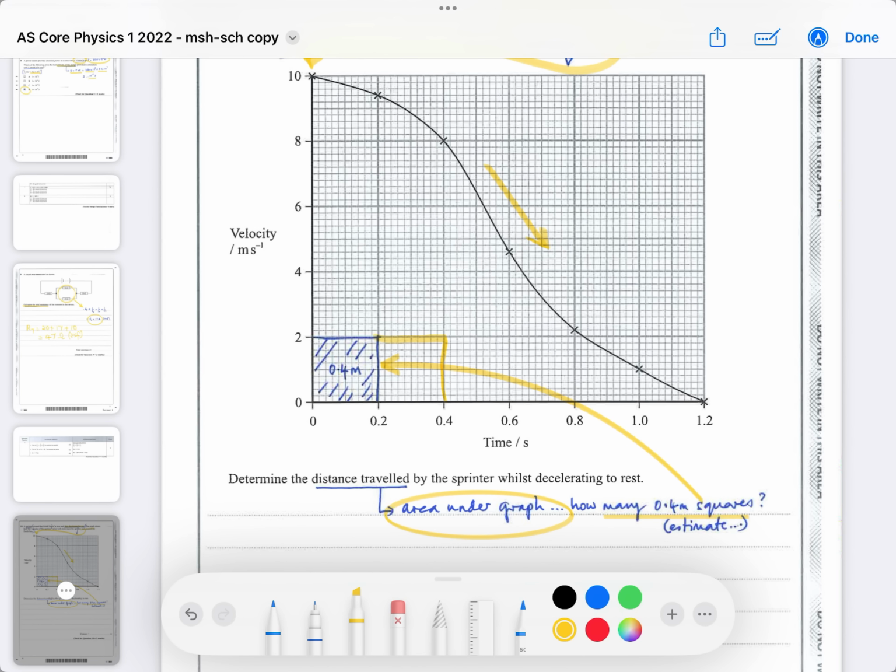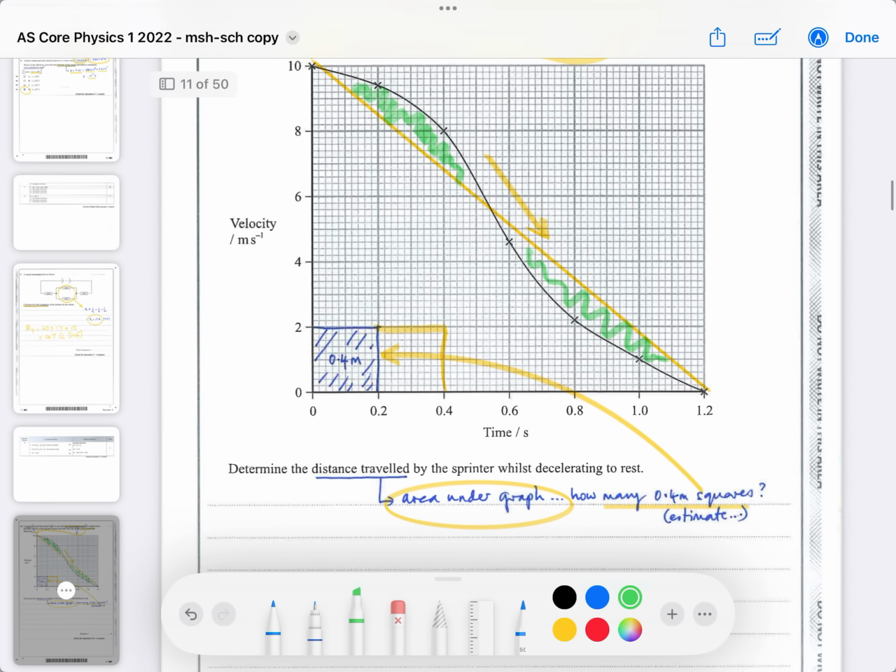But one of my students actually just drew a line from here to here. And you can see, well done, Swarali, yes, that this bit is the same shape, more or less, as that bit. And if it is, you can just do area under the triangle and you will be able to save some time.